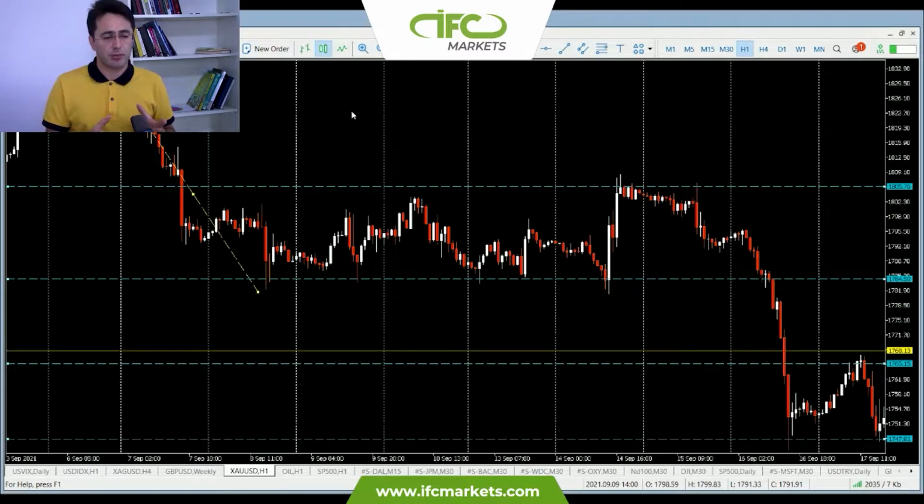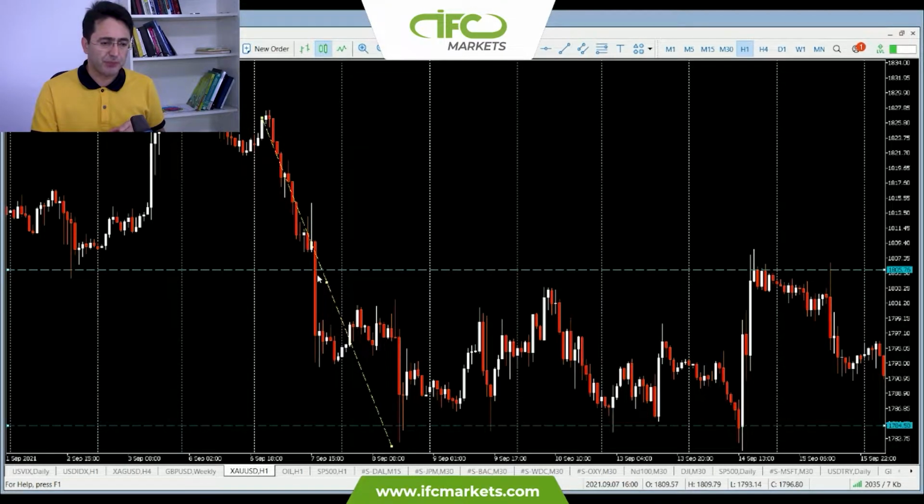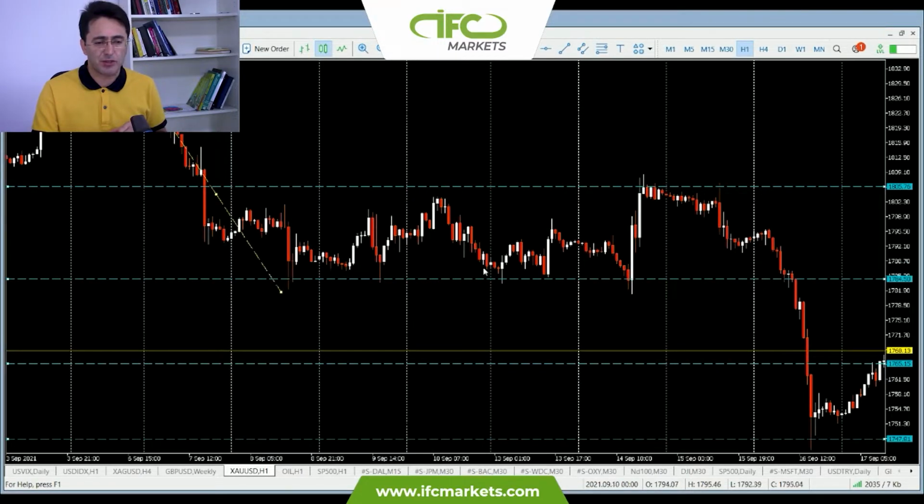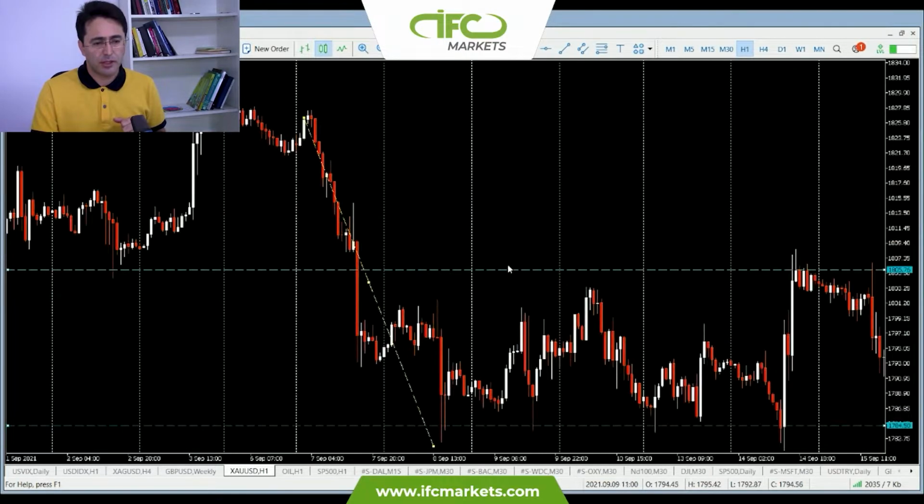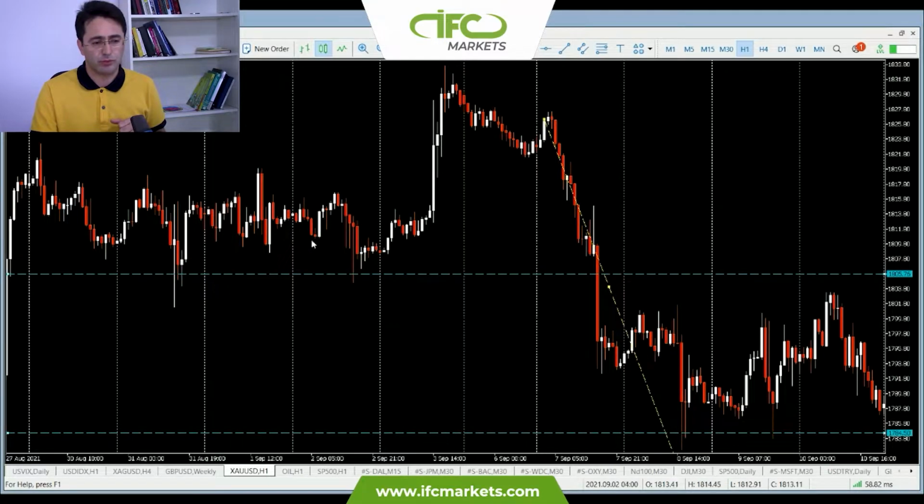What I want to talk about is, if we take all these patterns in one general outlook and put them between our resistance and support levels, or the key levels. See, this is the downtrend here, and then we have different patterns within the side movement. Find the lower band and the higher band. The higher band of this side movement is the lower band of the previous side movement.